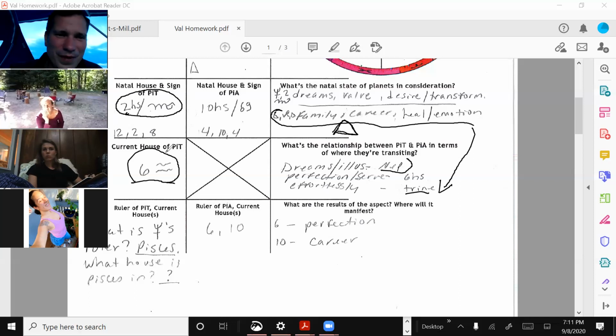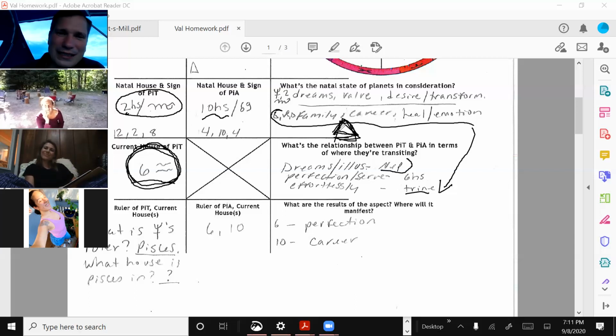So now that channel energy is in your 6th house to be of service, right? With the moon in the 10th house, that's career. 10th house moon likes to express themselves in public emotionally, like sharing.